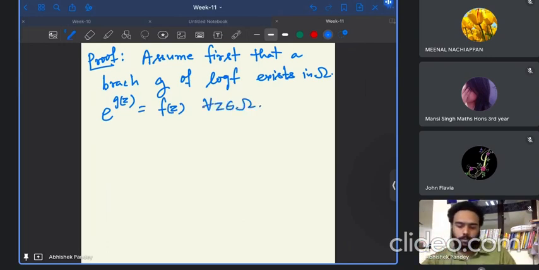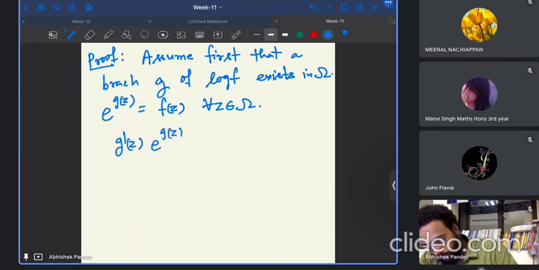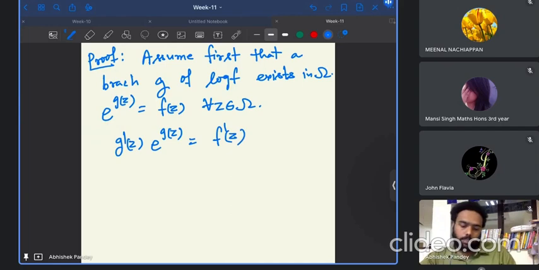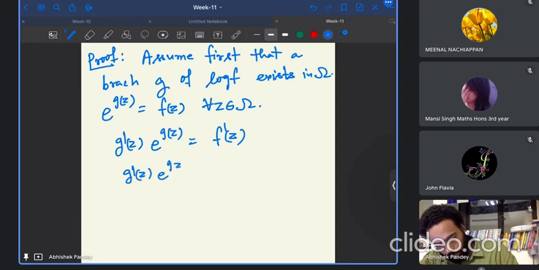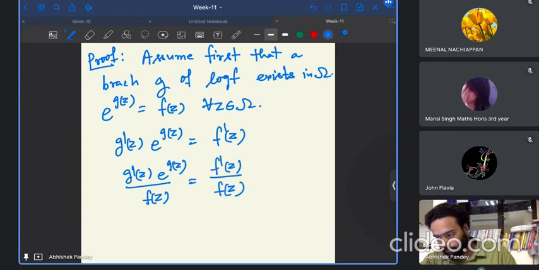Now what you do, you differentiate both sides. Okay, because f is holomorphic and e to the power g(z) is also holomorphic because g is holomorphic. So g dash z e to the power g(z) is equal to f dash z. Okay. Since f does not vanish, we can divide both sides by f(z), so g dash z is f dash z by f(z).